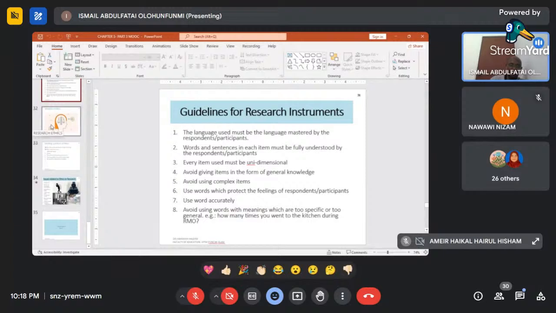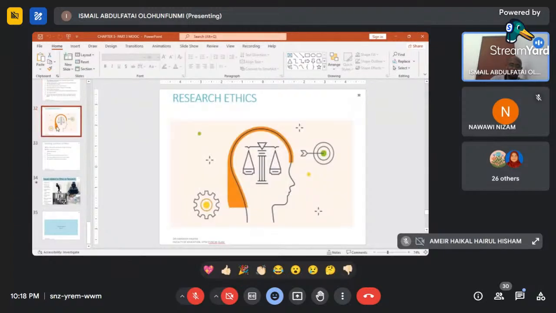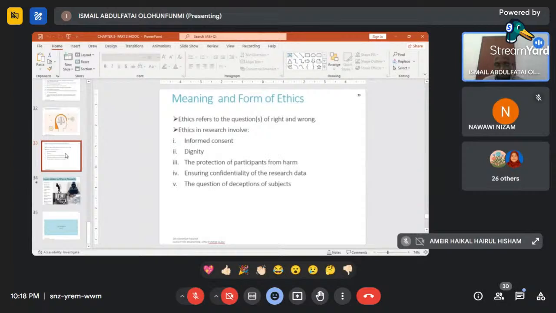So the next one is research ethics. So what is research ethics? When they talk about ethics, ethics refers to the question of right or wrong. That is what ethics is. Whenever they ask you to define ethics, ethics is about right or wrong. Ethics in research involves the following. One, informed consent.